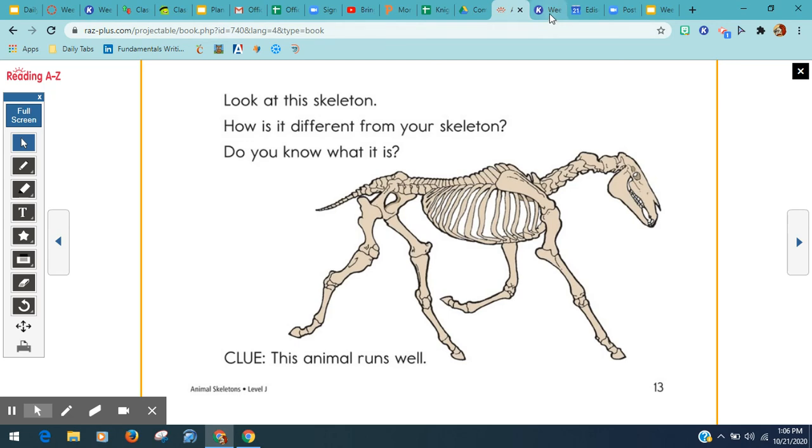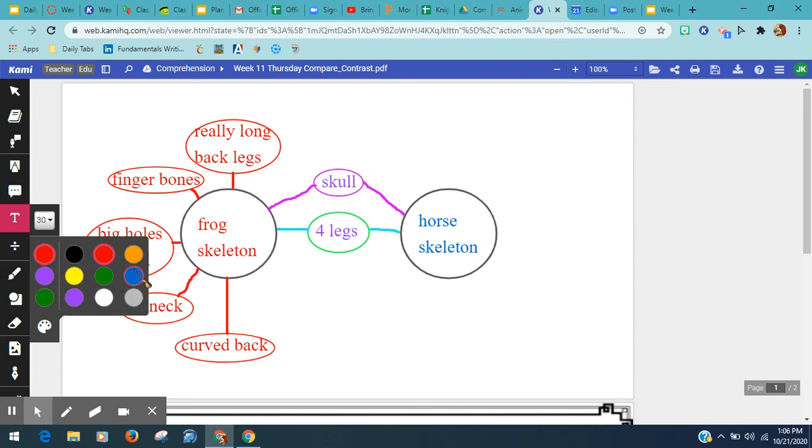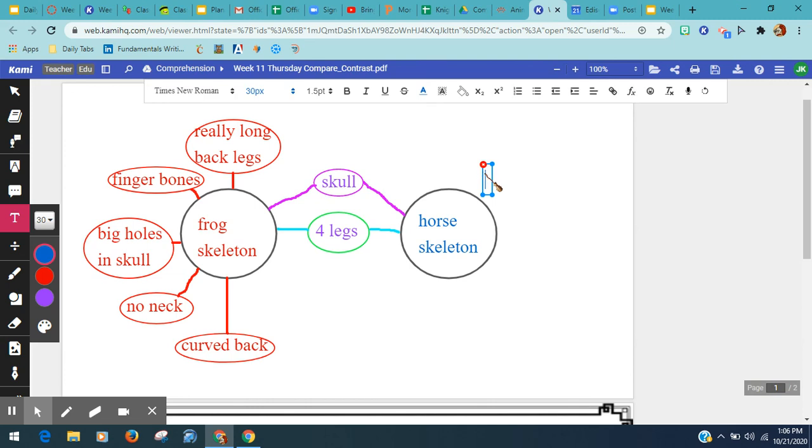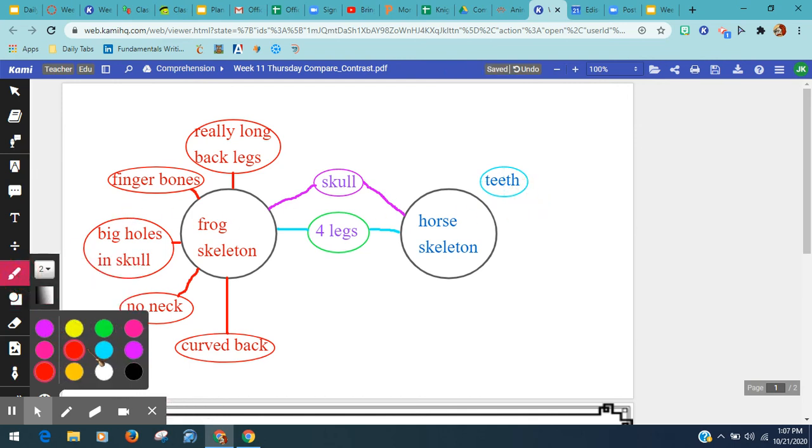So I'm going to go ahead and add that. But since we're talking about the horse now, these things should connect only to the horse. The horse had teeth. The frog did not. So teeth belongs to the horse only. And then we'll put a bubble around that, and then we will connect that only to the horse.